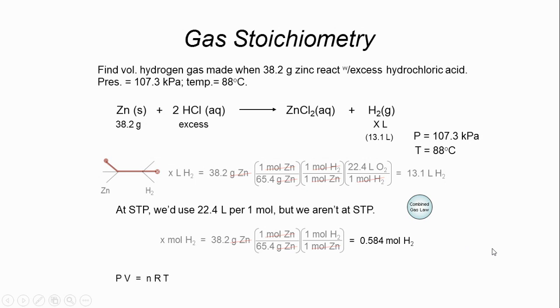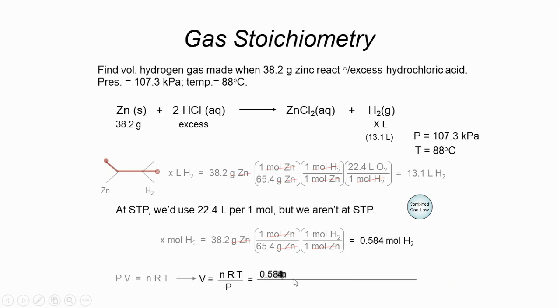So now what I can do is use PV equals nRT. I know the pressure, I'm looking for the volume, I know the number of moles, I know R, and I know T. So I'm going to go ahead and solve that for volume. I like to do my algebra first, and I'm going to substitute in all my values.